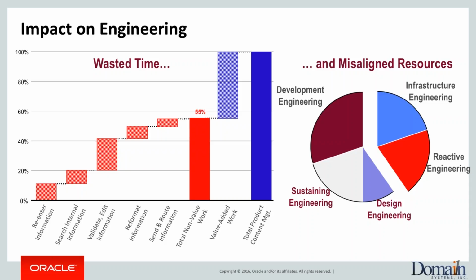So the list goes on, and the total amount of time in this illustrative example is 55% of their time is non-value added work, where the actual value added work is only 45% of their time. Therefore, what can we do to reduce that 55% and therefore make them more value added through their engineering process?